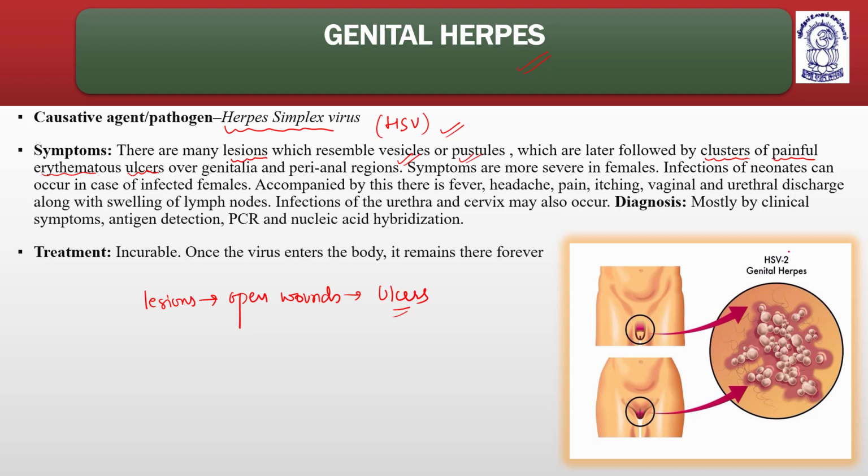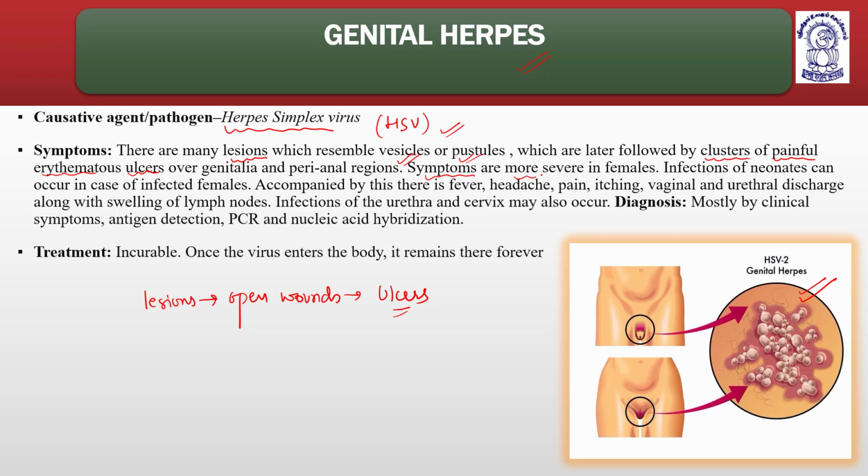So they are characterized by formation of pustules, pus filled overgrowths or vesicles, which later form clusters of painful erythematous ulcers over the genitalia, as you can see in the picture, especially the perianal regions, meaning especially involving the external genitalia.